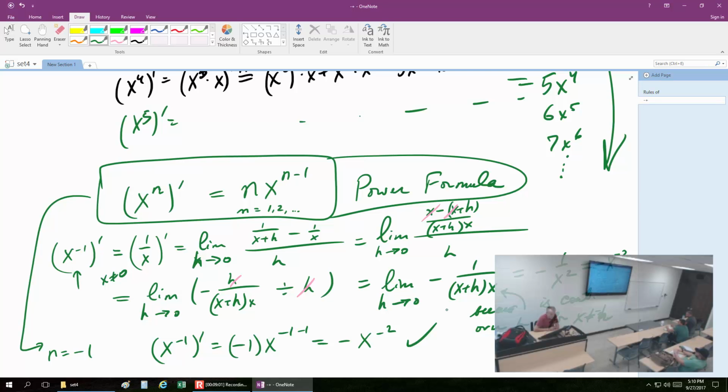So the power formula works not only for these, but also for plus or minus 1, plus or minus 2, all of the integer values. You don't say that it is equal for n equals 0 simply because then you'd have a division by 0. The derivative of a constant is 0, so that's it.